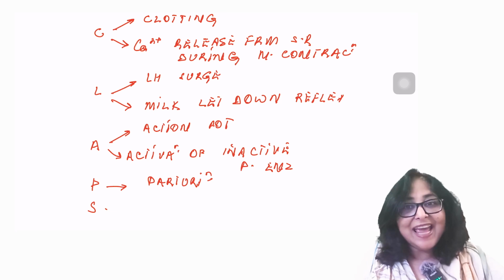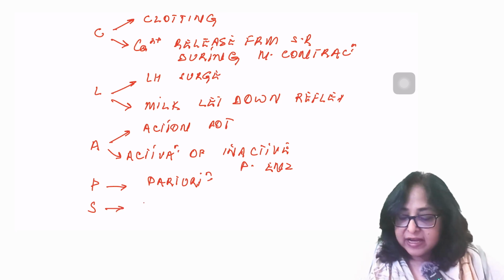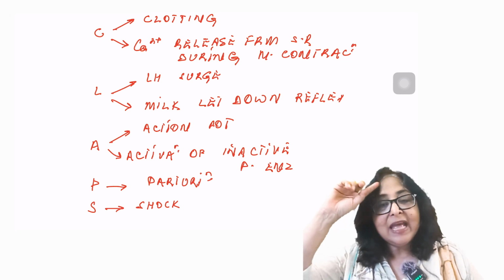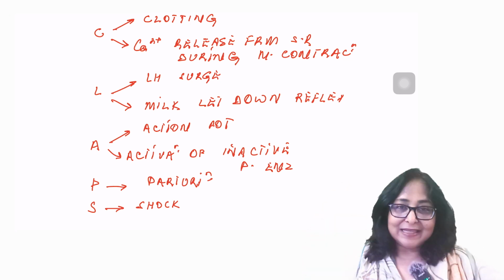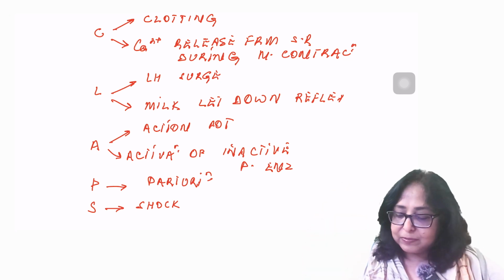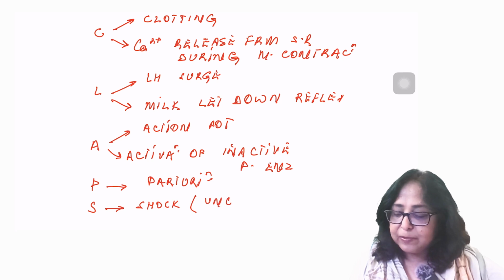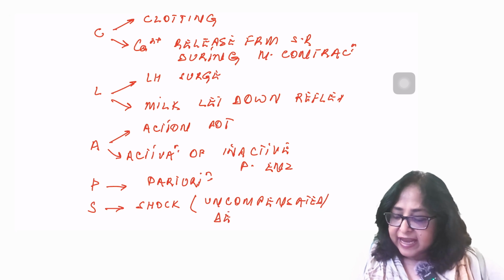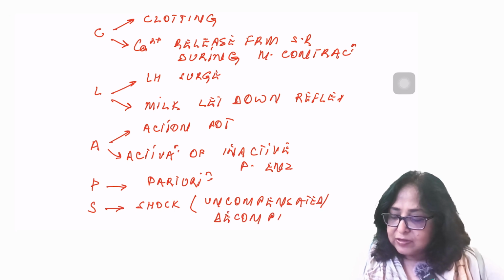If you add S, CLAPS, shock is also an example of positive feedback, but what kind of a shock? The uncompensated shock or a decompensated shock is an example of positive feedback. So going back to my question, which is another example of positive feedback, let's have a look.